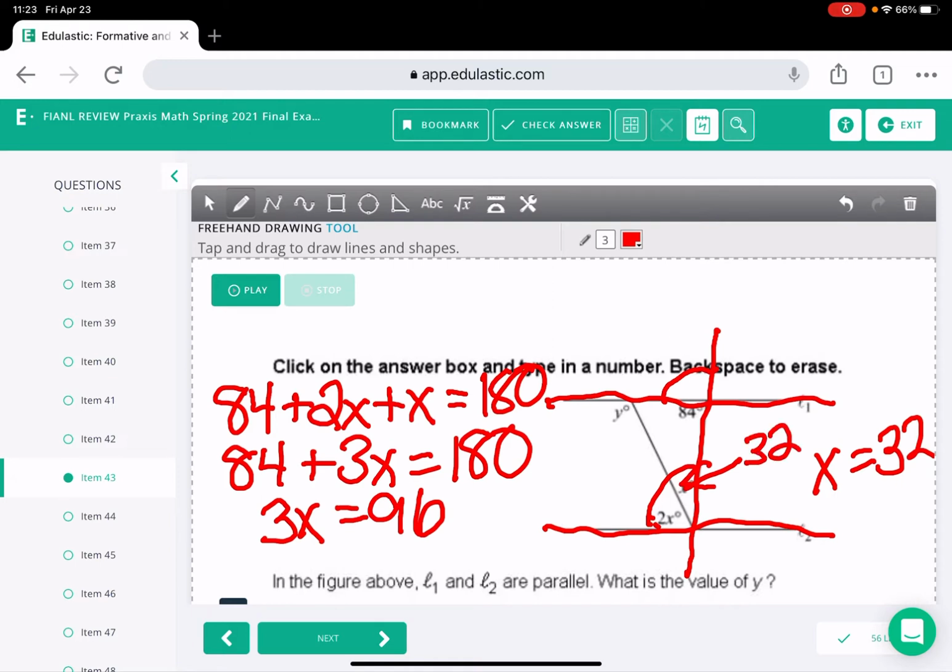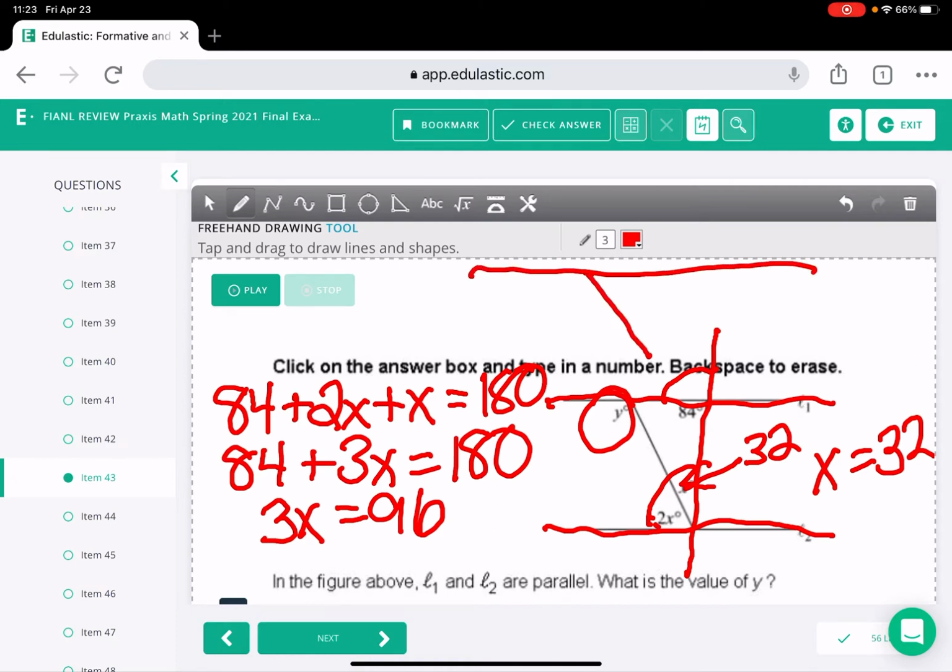So 84 plus 32 is 116, which is what y is going to end up being, and I'll show you why.